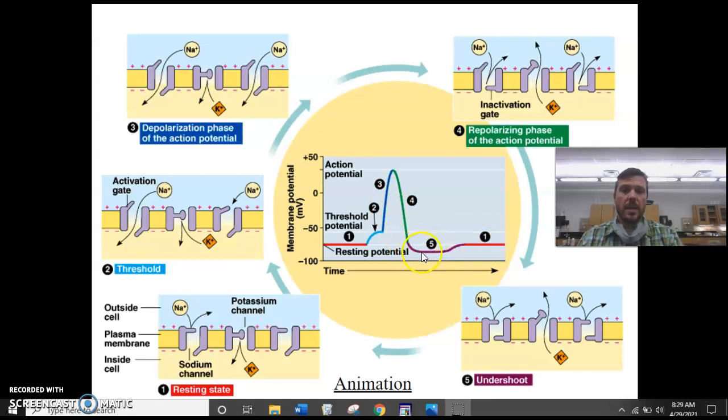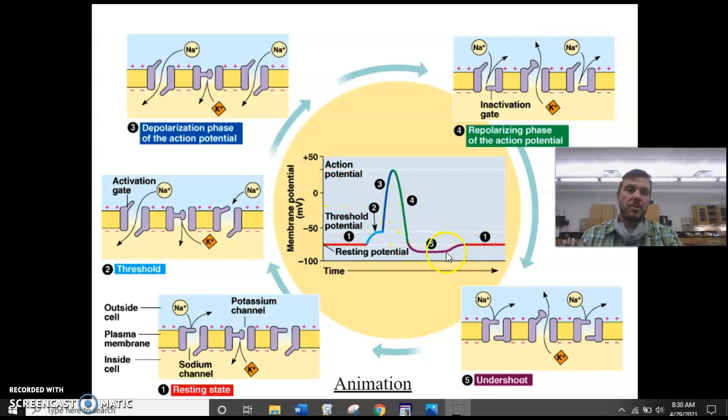So we've got our threshold potential, we have our action potential, which once reached, we're going to actually start pumping the sodium back out. Sodium's not going to be allowed to rush in anymore, and eventually potassium won't be allowed to rush out anymore either, and we're going to have this thing called the sodium potassium pump that's going to pump all the sodium back out and the potassium back in, and that's going to restore us to resting potential.